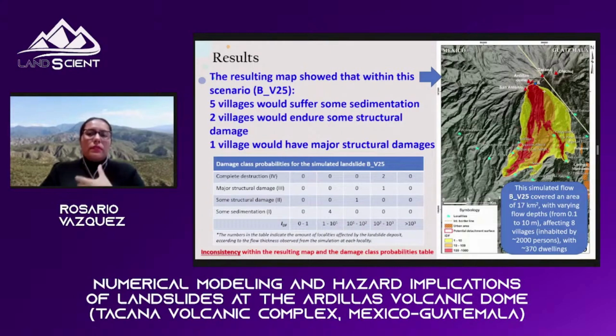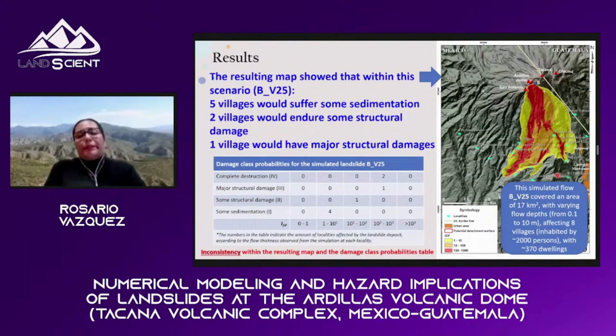So we have some level of uncertainty in some of these zones that we think is probably why the values that we obtain from this probability matrix compared to the map do not match that well.